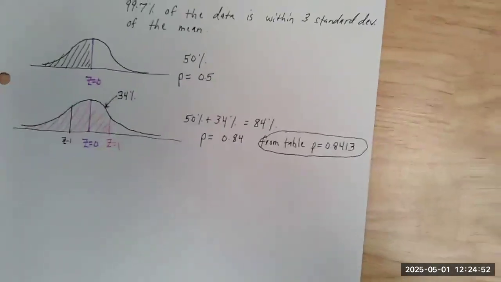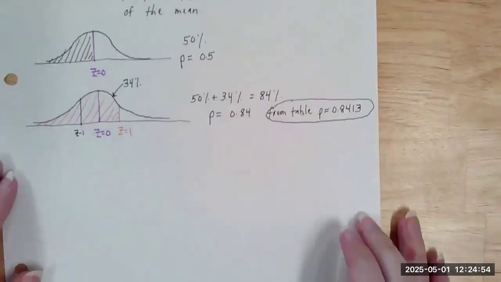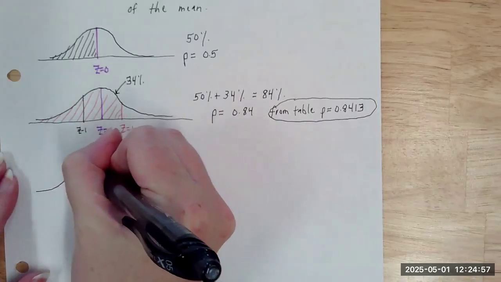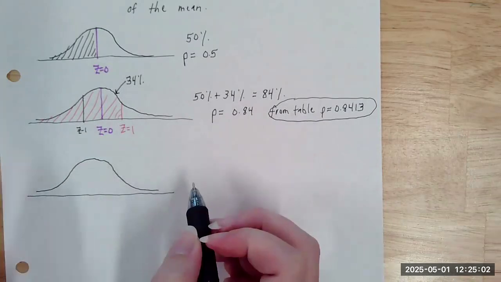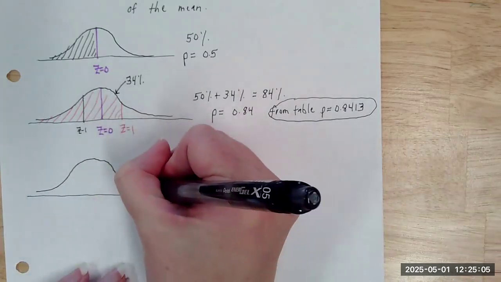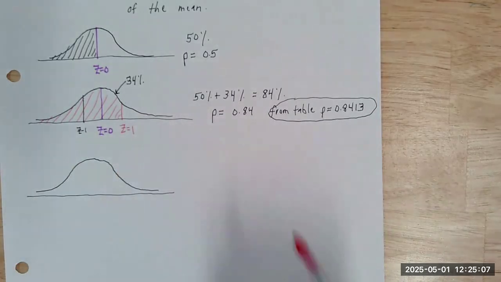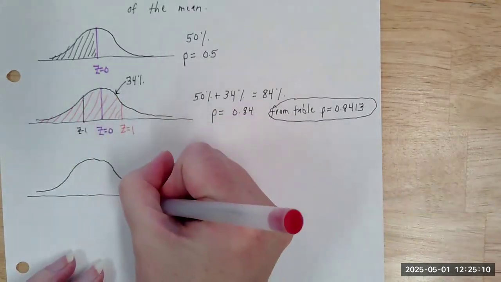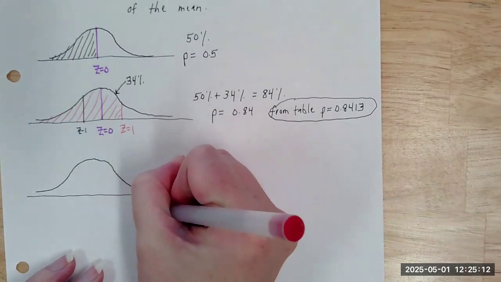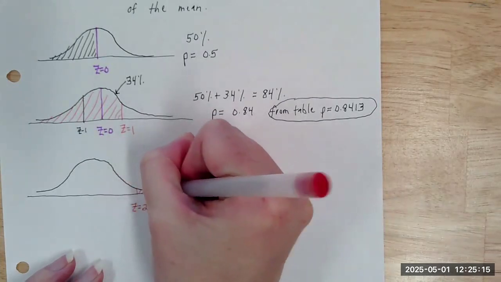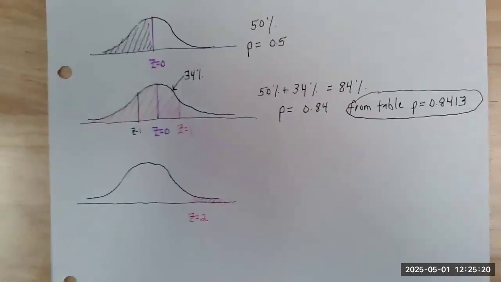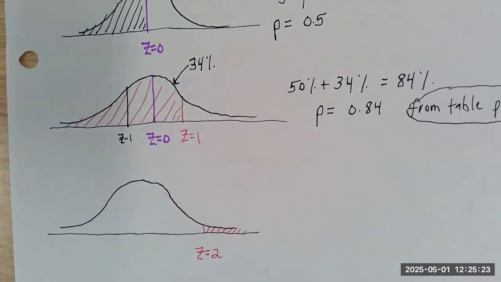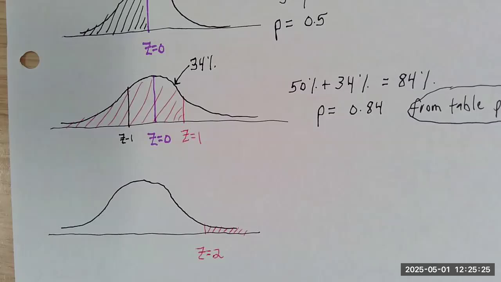I should zoom out again. Okay, what I just drew is just the tail after the point where z is equal to +2.